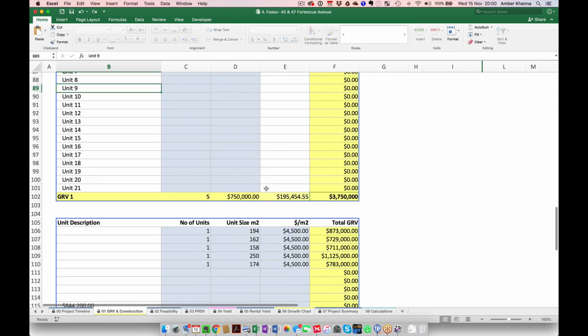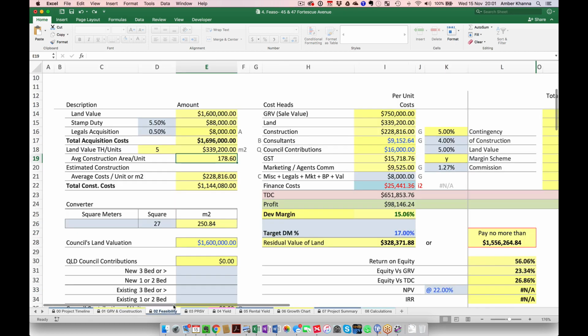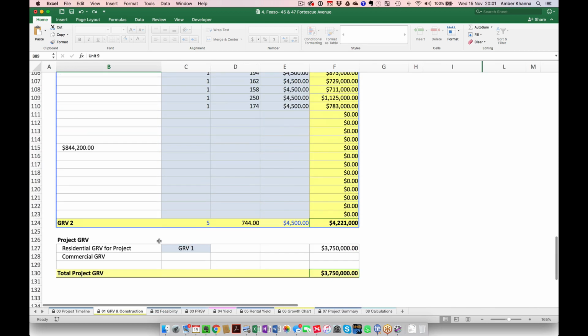I think your units will go for more than your 750 average, because you've got 3 4-bedders, 1 3-bedder and 1 2-bedder. So your 2-bedder could be, let's say, 700 or 650 maybe, but your 4-bedders are quite high. I would still keep them under 850 as an average for sure, but let's say in your feasibility you jump this up. This is already being picked up from here.